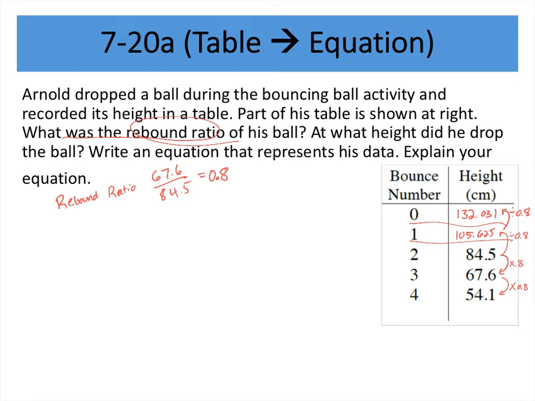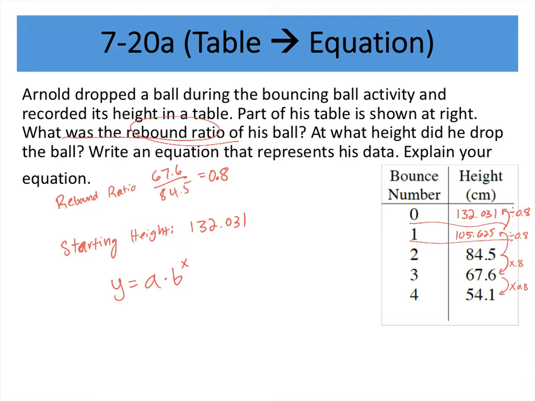So his starting height, what height did he drop the ball? The starting height was 132.031. Okay, and my equation, and if we go back, we have to think, okay, we have this equation y equals a times b to the power of x, where a is our starting point and b is our multiplier.